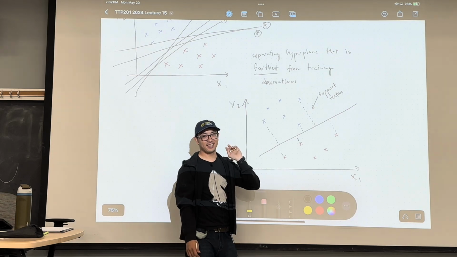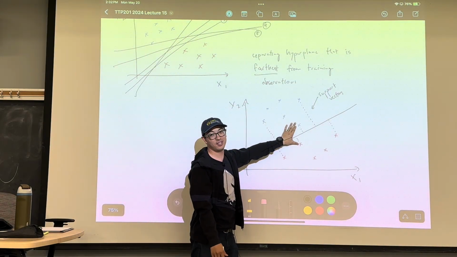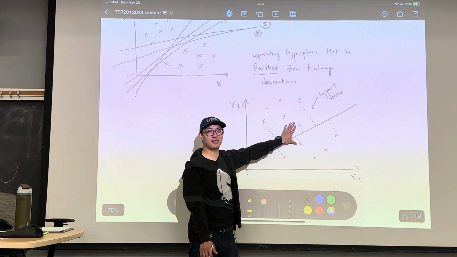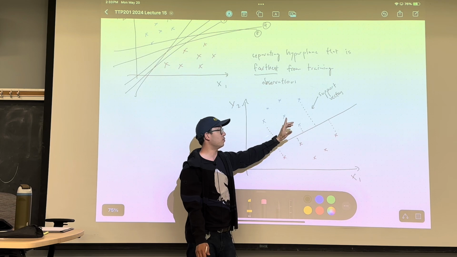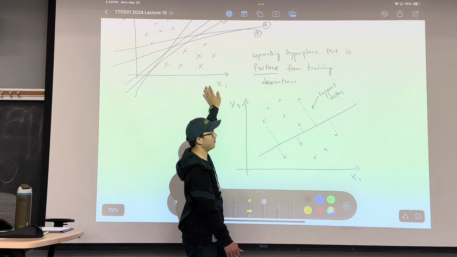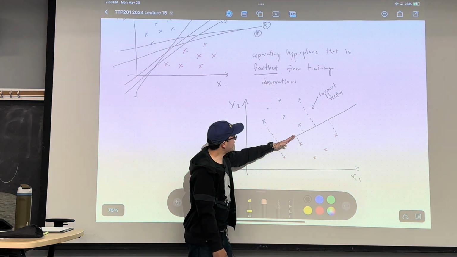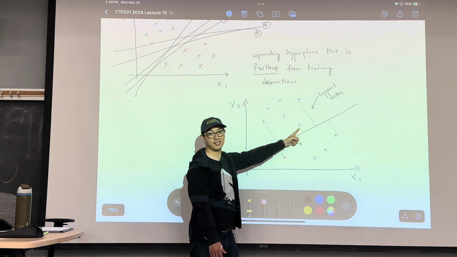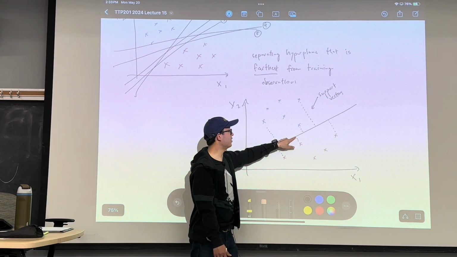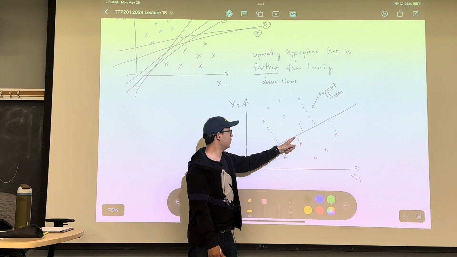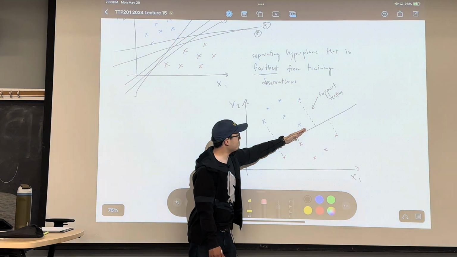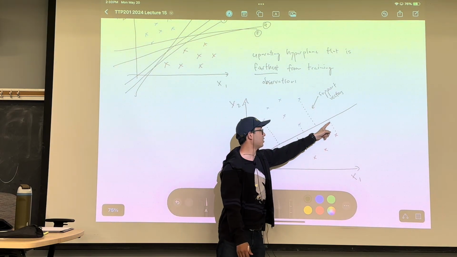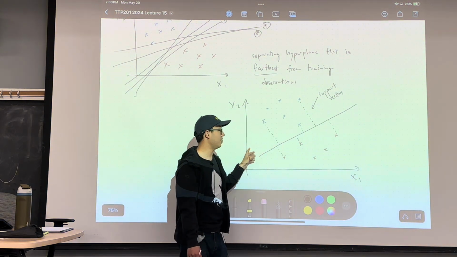But if I have 2 points, then I care about maximizing the distance to the smallest one. I can no longer throw this super far away because as I move this hyperplane out in this direction, it gets closer to this, and if I move it out this direction, it gets closer to this. And then I can angle my line in certain ways, and at some point it'll get too close to other points, right?